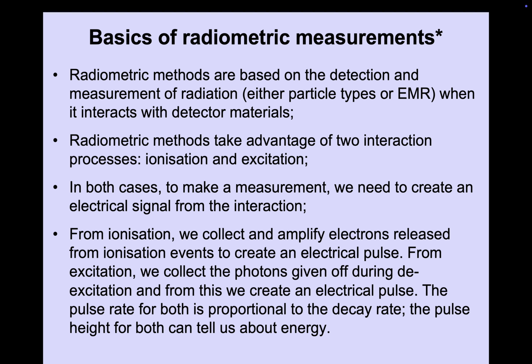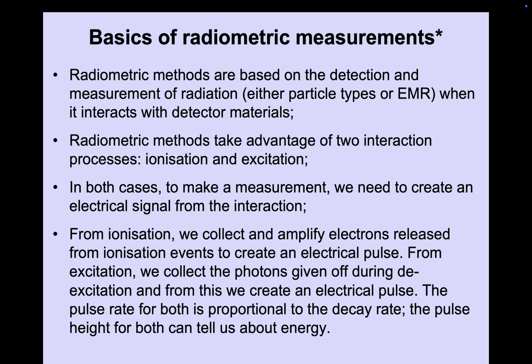For situations where we're detecting ionization, we collect and amplify electrons released from the ionization events, and that allows us to create an electrical pulse. With excitation, we collect the photons given off during the de-excitation process that happens after the excitation, and again we create an electrical pulse.